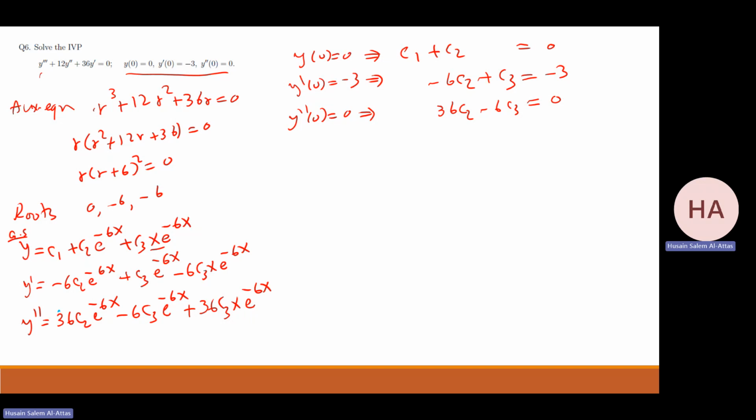Now it's 36 C2 e to the minus 6x. Yeah, that's correct, minus 6C3. Yeah, I think there is a problem here. Y prime at 0 is minus 6 C2 plus C3. You multiply by 6 here. I have what? Minus 36 C2 plus 6 C3 will be minus 18. Is that a problem? Which cannot be.